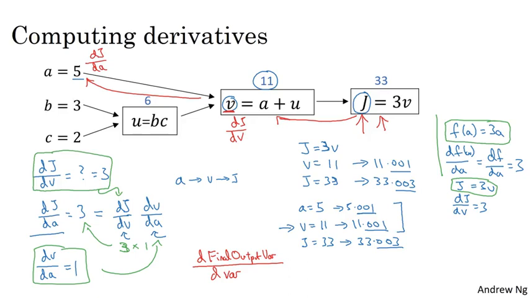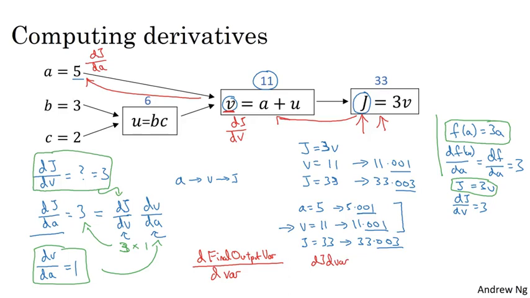And when you implement this in software, what do you call this variable name? One thing you could do in Python is write a very long variable name, like d final output var over d var. But that's a very long variable name. You could call this, I guess, dJ dvar.